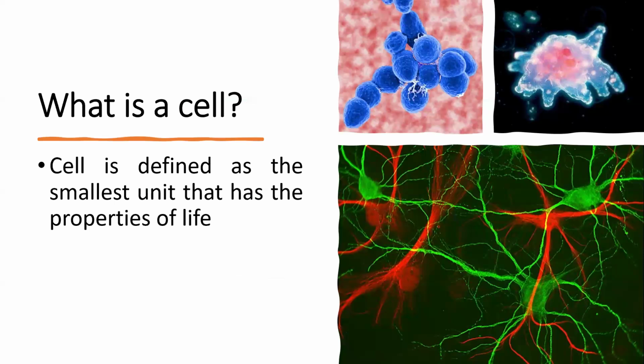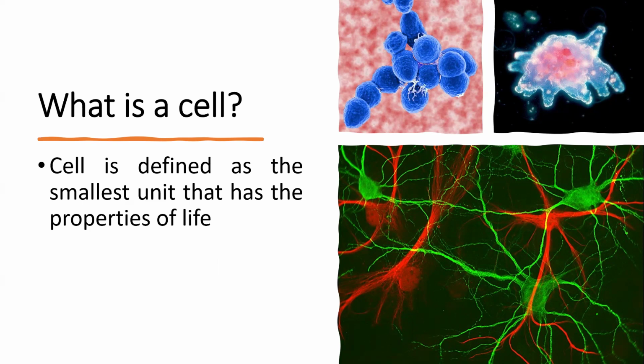What is a cell? A cell is defined as the smallest unit that still retains the properties and the characteristics of life. You memorized the 7 characteristics of life for this quiz. All those characteristics are still going to be there in the cell. They will still be able to reproduce.